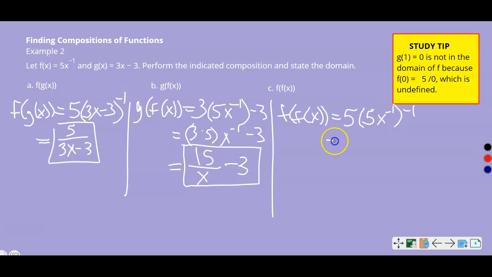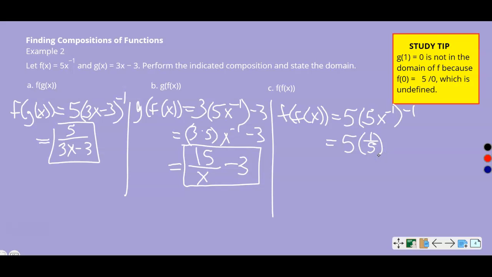So I know that I've got 5, and then I've got 5 to the negative 1 power and x to the negative 1 power. Because this is in parentheses to the negative 1 power, both of those are raised to that power. And I know that 5 to the negative 1 is going to be 1 over 5, properties of exponents. So 5 to the negative 1 becomes 1/5.